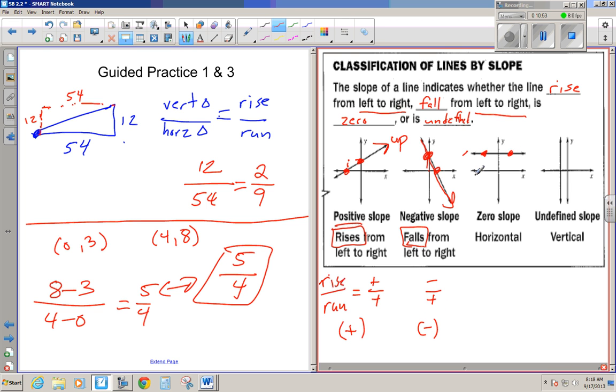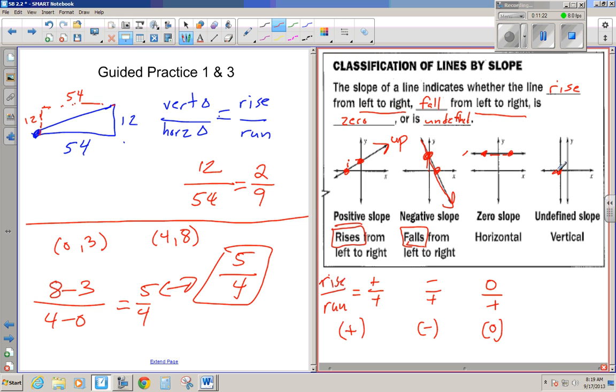This one here, though, let's talk about this. What kind of rise is there? Is there any rise, up or down movement? There's not. So you would say 0 over a positive number, and 0 over any number is 0. That's why it's a 0 slope. It's horizontal. The next one, now there's an infinite rise. From this point, it goes up forever.